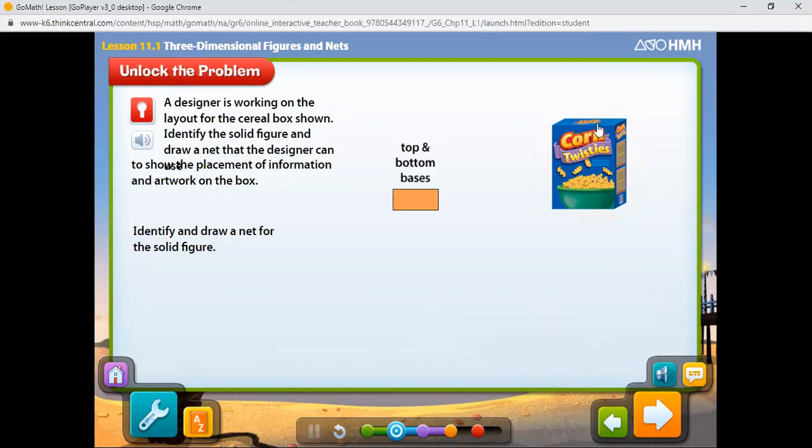So the bases are 2 rectangles, right? The cereal box is a rectangular prism, since it is a solid figure with 2 congruent parallel bases in the shape of rectangles. Its lateral faces are rectangles. Let's identify the other 2-dimensional shapes that form the cereal box. What are the front and back lateral faces?